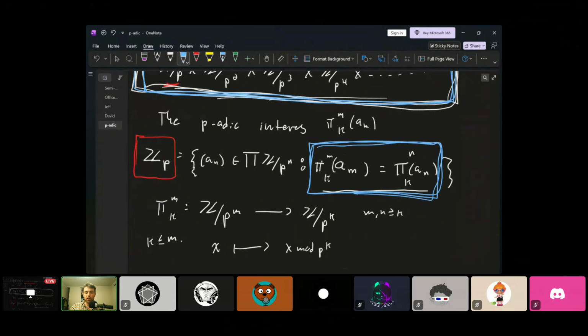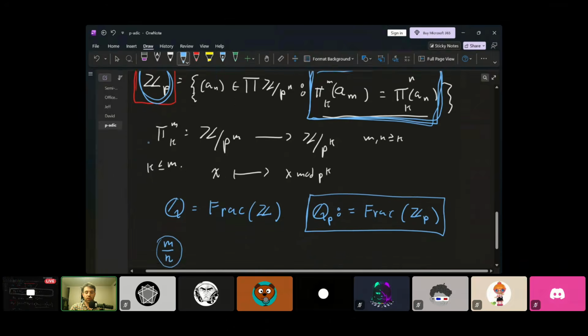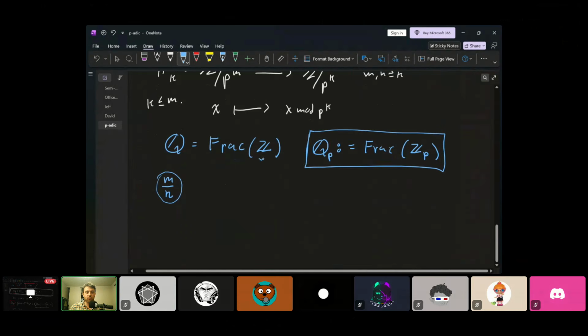So it's definitely something to check here. But the point is that you do get a ring at the end of the day. Much in the same way that the integers are a ring, and you can form these formal fractions, the p-adic integers also form a ring. And definition number one of the full p-adic field Q_p is as the fraction field of this.